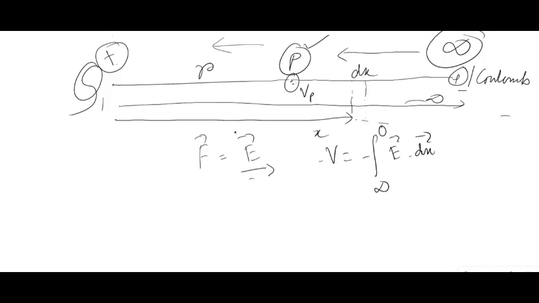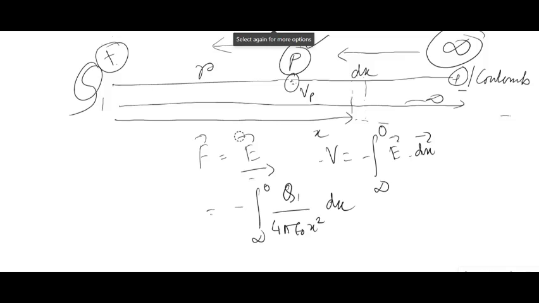Now E এর ভ্যালু হচ্ছে Q1 divided by 4 pi epsilon 0 x square, multiplied by dx. Now actually this is not 0, this is r, because এই r পয়েন্ট অবধি আনতে গেলে যে পরিমাণ কাজটা করতে হয় সেটাকেই আমরা পোটেনশিয়াল বলছি.